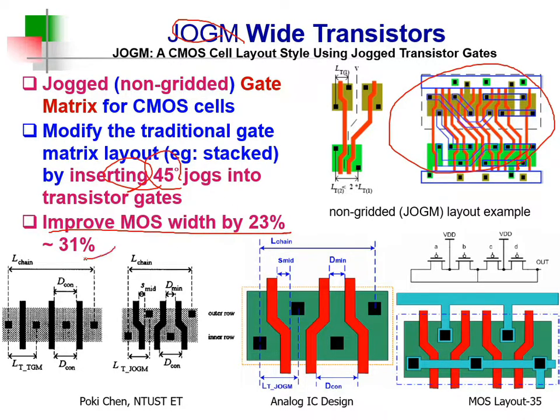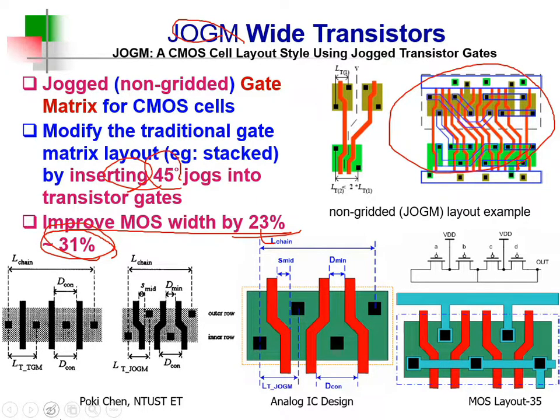And in practice, after layout, the paper figures out that we can save more area, by 20-something to 30-something percent. After removing the length restriction, we can save 20-something to 30-something percent. But again, you need to pay the price.